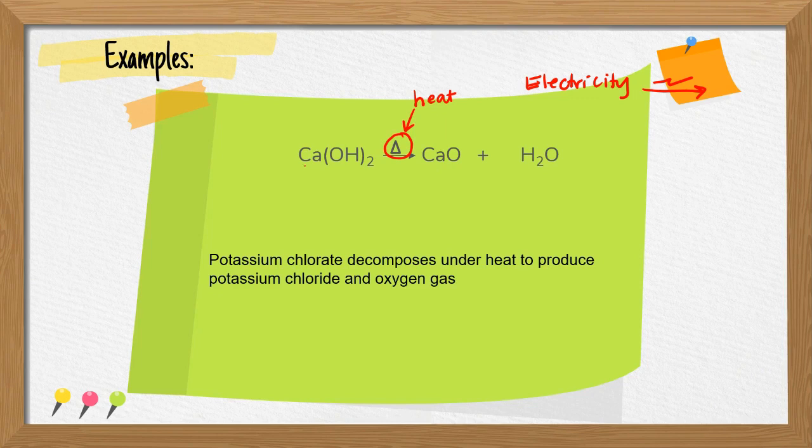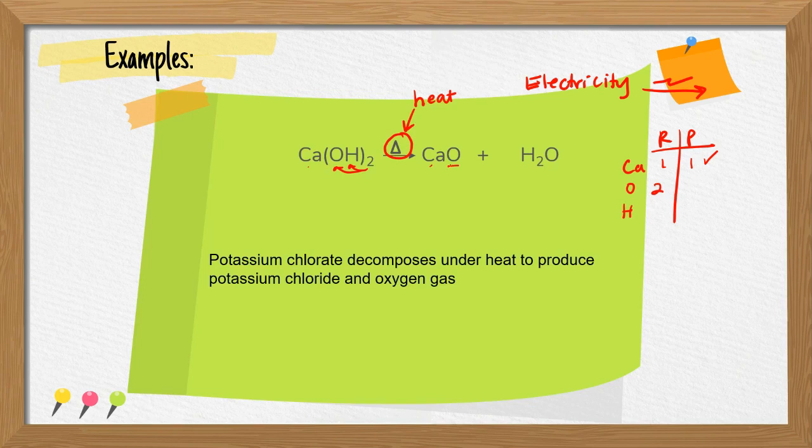Now let's make sure it's balanced. We have one calcium, so that's balanced, 1 and 1. And again, if you want to do the T-chart, reactants, products, depending on how comfortable you feel, that's up to you. Notice here, hydroxide is not on the product side, so we have to split up the oxygen and the hydrogen. So we have 1 calcium on the reactants, 1 in the products, that's good. This 2 gets distributed through to the hydrogen and the oxygen. So we have 2 oxygens.